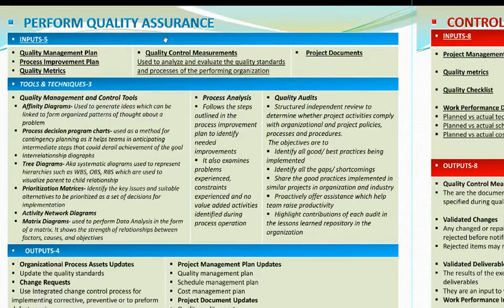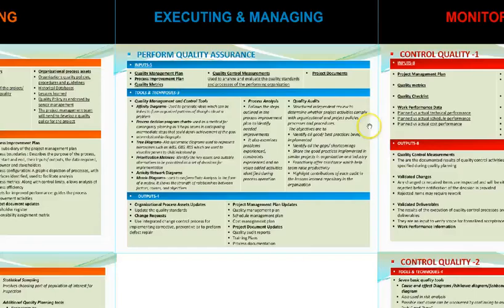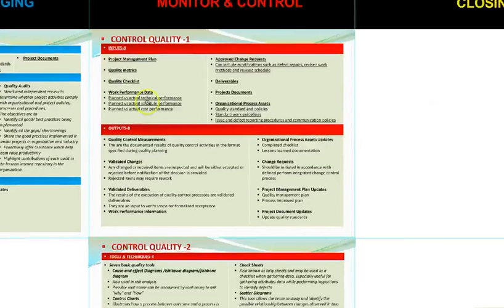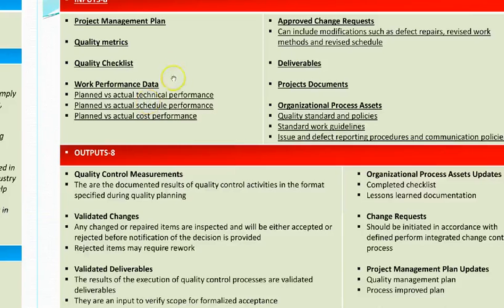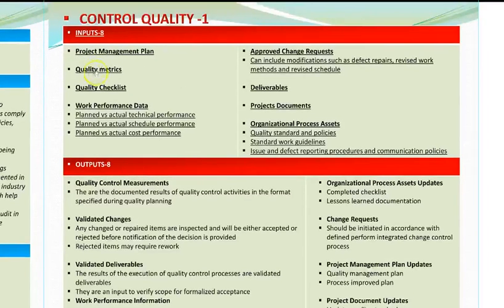What are the inputs for quality control? We just saw that is project management plan, quality metrics, quality checklist, work performance data, deliverables, project documents, organizational process assets, and approved change requests.